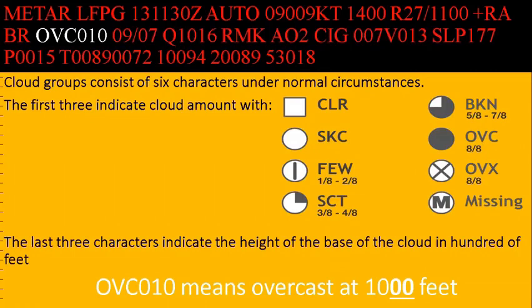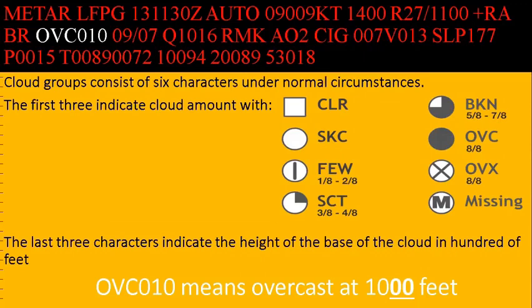Sky is divided into 8 parts and each part is called an octa. If there is no cloud, it will be reported as SKC, meaning sky clear of cloud. If cloud cover is 1 to 2 out of 8 parts, it is called few. If cloud cover is 3 to 4 out of 8 parts, it is called scattered.